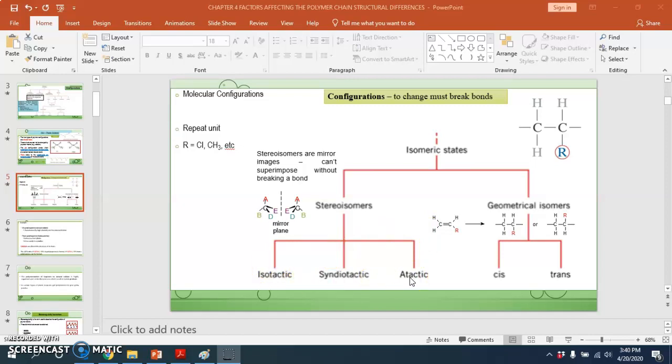When the zigzag chain is written with the plane of the chain in the plane of the paper, there are three ways in which the position of the pendant side group can exist. The methyl groups in polypropylene can occur on one side, which is isotactic, or on alternate sides, which is syndiotactic, or placed at random, which is the atactic form.